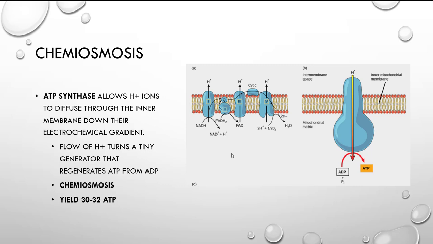Now that's just from this chemiosmosis part. So add that 30 to 32 ATP plus what we earned from the citric acid cycle plus what we earned from glycolysis, and we end up with about 36 ATP.